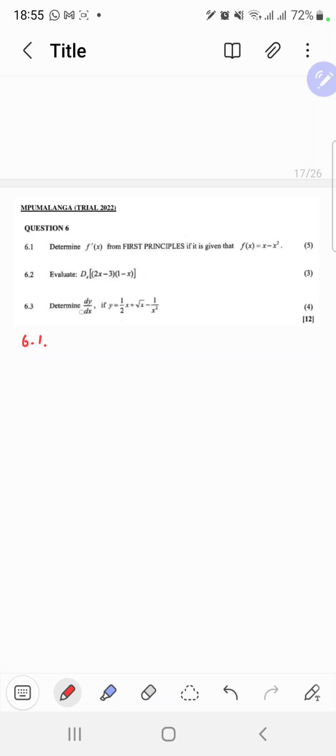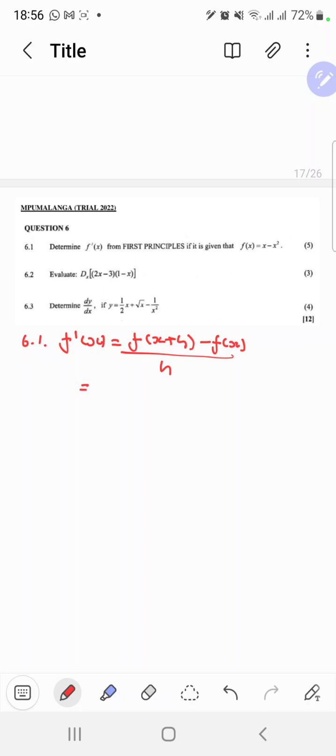So f prime of x is going to be f of x plus h minus f of x, divided by h. This is what we call Isaac Newton's quotient. And I've shown you when I discussed the parabola how to derive this using a curve. So it's nothing fancy.